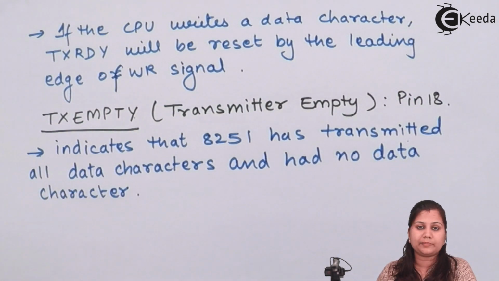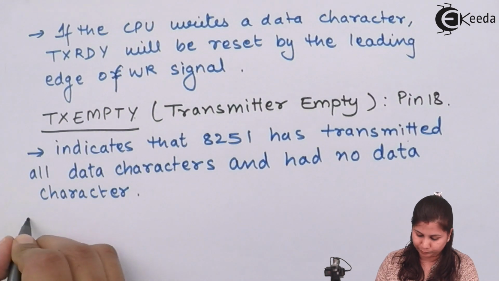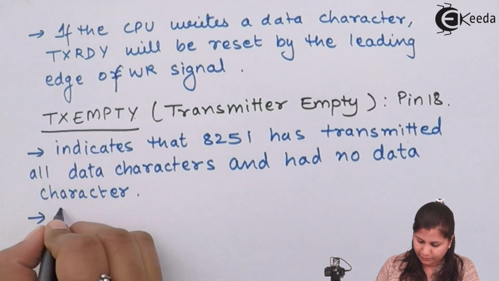Now this transmitter can transmit in the synchronous mode and also in the asynchronous mode. In the synchronous mode, along with the data characters, we have the sync bits also. So in synchronous mode, all the data character bits plus the sync bits are automatically transmitted and the transmitter is now empty.